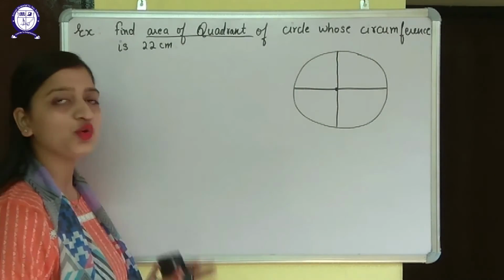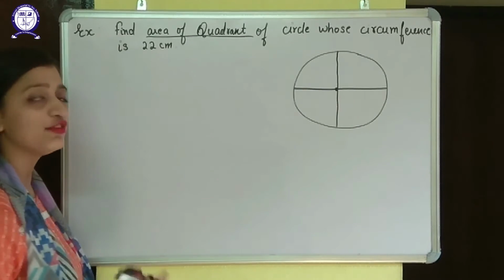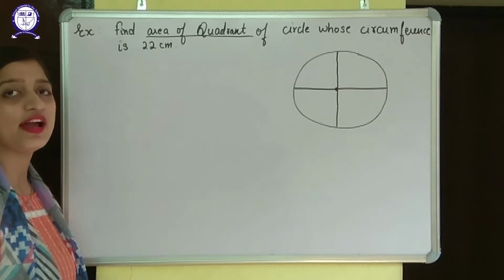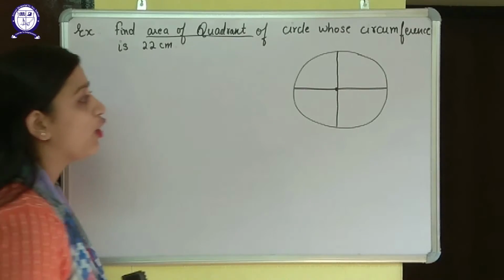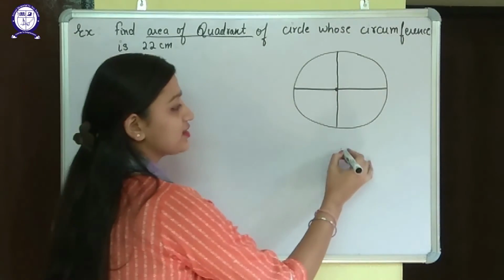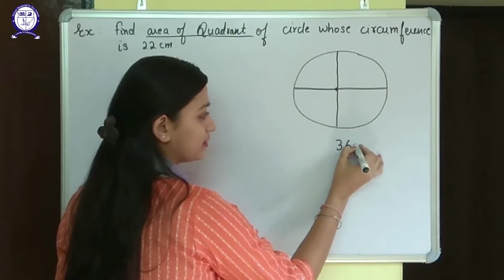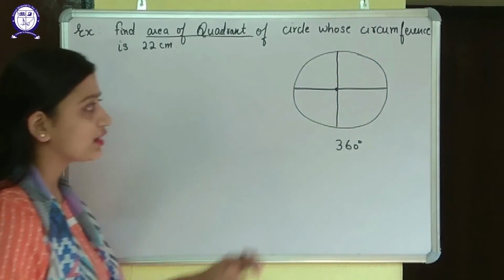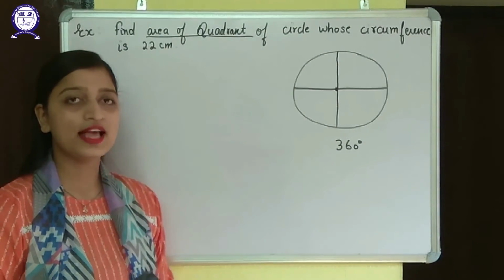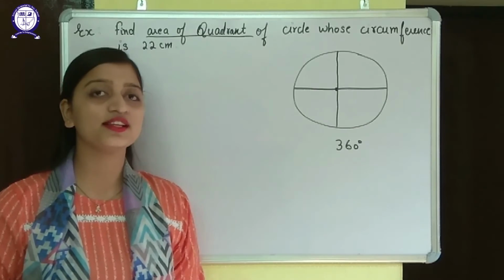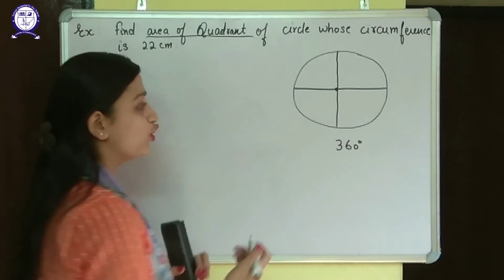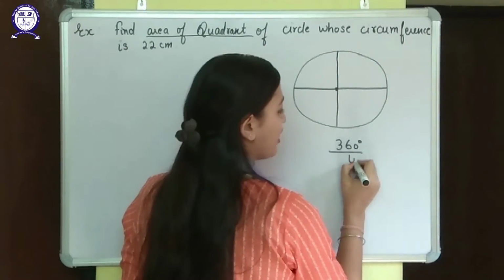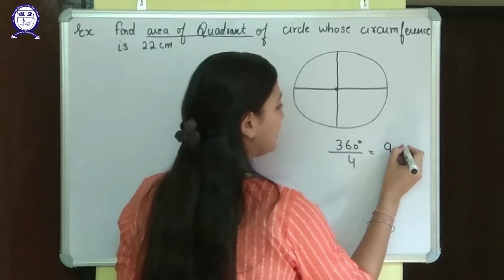Okay. Now we don't know the radius and we don't know the angle, but we can find the angle very easily. How? The complete angle is 360 degrees, and in how many parts is the circle divided? That is 4. So 360 divided by 4, that is 90 degrees.